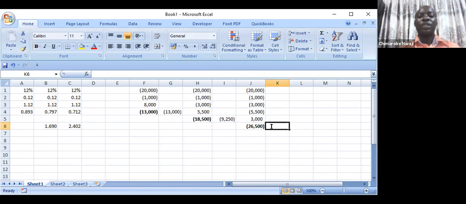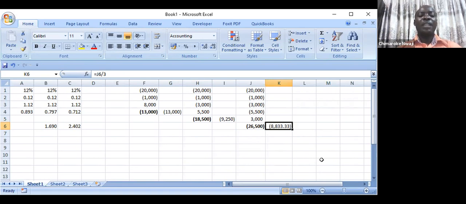So here you simply say 26,500 divided by 3. That means you are going to be spending 8,833.33 every year, as against the 10,435 every year. So this is how we solve without time value of money.